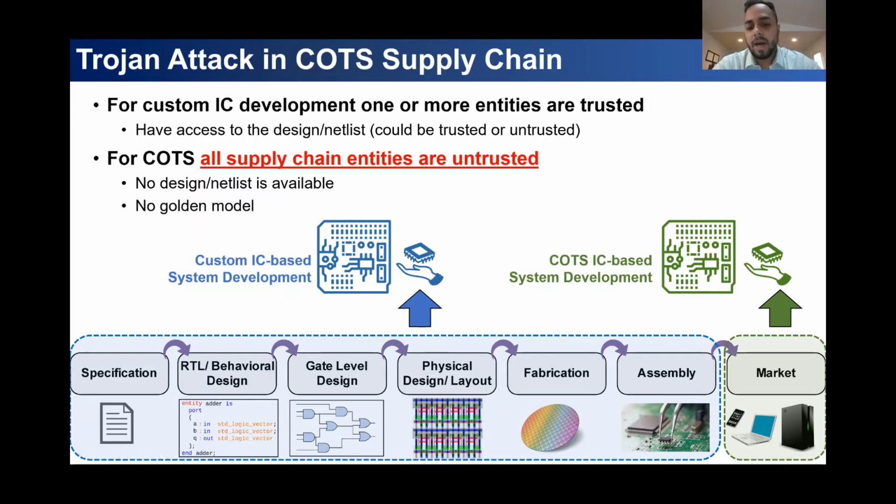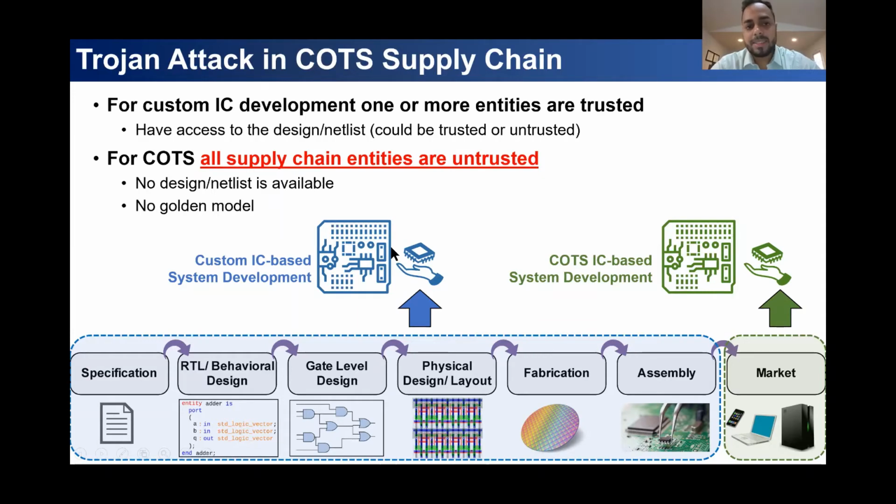Even if we hire a foundry for fabrication, when the chip comes back, we can apply a number of different verification techniques. In fact, a lot of these verification techniques that exist today at least need the netlist, whether trusted or untrusted. If you do not have the netlist, you cannot really generate any test vector for verification or do any form of analysis.